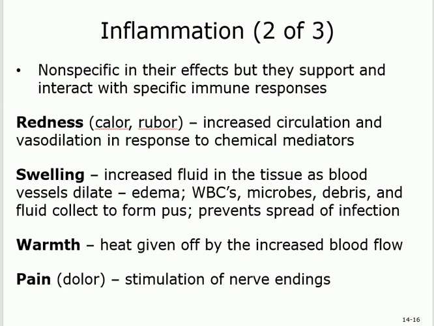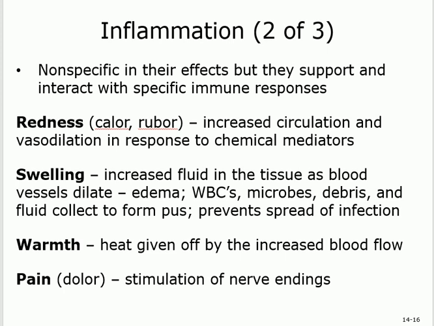Pain, which is called dolor. This is stimulation of the nerve endings. By what? By some chemicals that are released from the injured cells. So our injured cells release some chemicals. Bradykinin, prostaglandin, that's a couple of things, don't worry about it, just remember how it happened. Pain is coming because you stimulate the nerve endings. Okay?